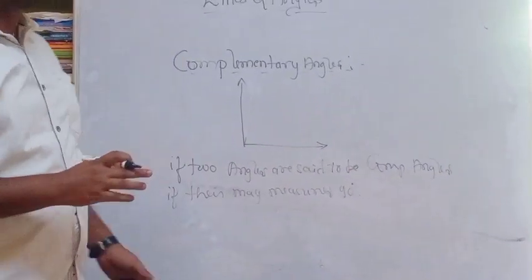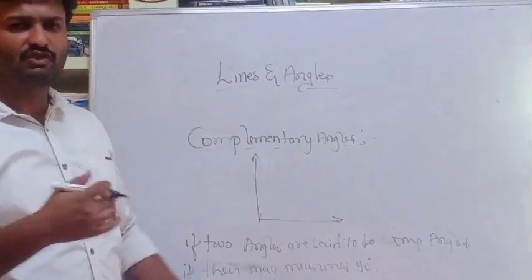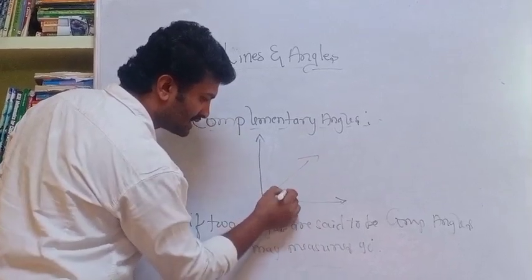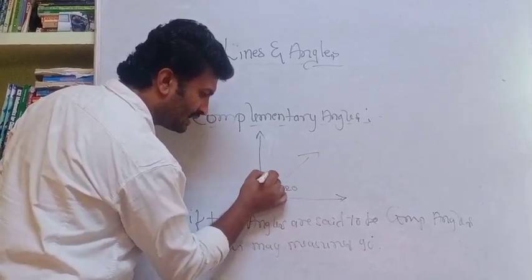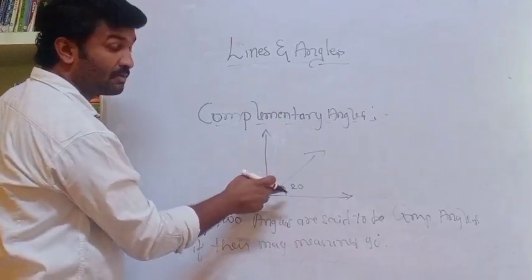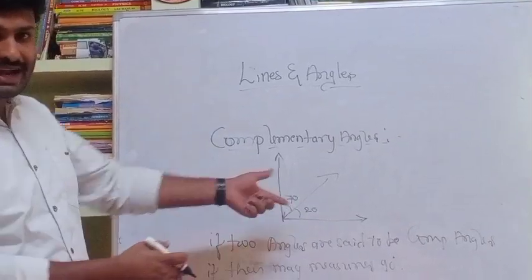If their sum is 90, you can divide this 90 into two equal parts or any parts. For example, if one angle is 20 degrees, the complementary angle of this 20 degrees is 70 degrees. Then their sum equals 90.